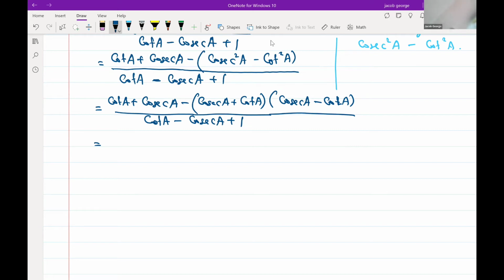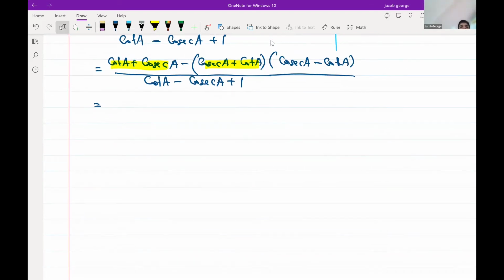All right, is it clear? Now in these two terms, we can take a common factor outside. What is the common factor? Here it is cot A plus cosec A. Here also cosec A plus cot A. We can take it outside.